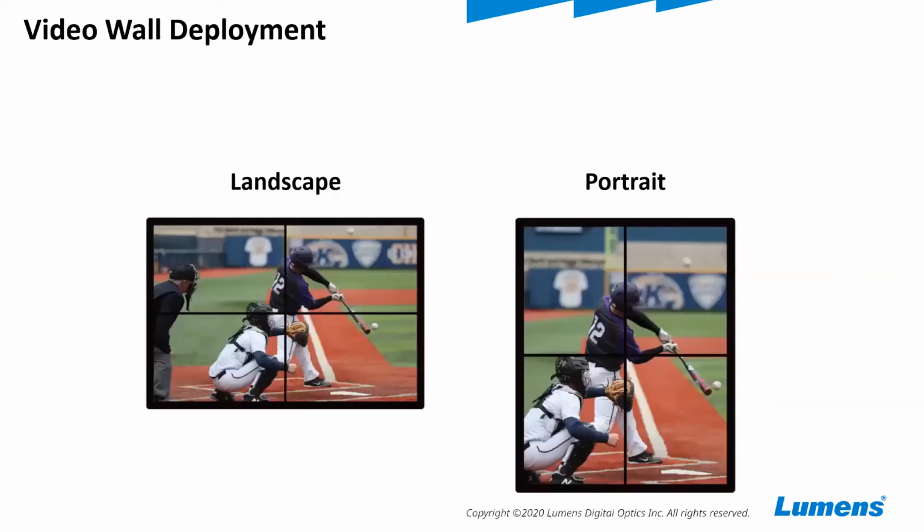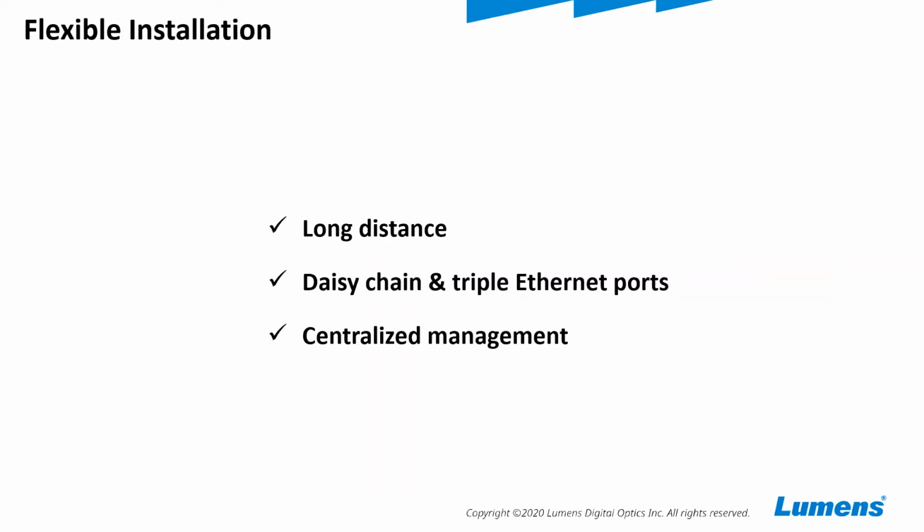This is an example of our video wall deployment. Again, landscape or portrait modes. With flexible installation or easy installation, long distance installations are easy. We give the user the ability to daisy chain our 50 series decoders. And again, we have a centralized management tool as well.